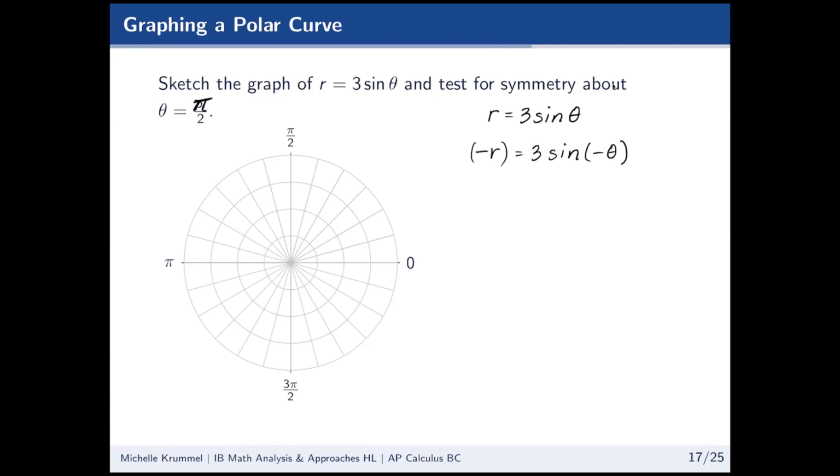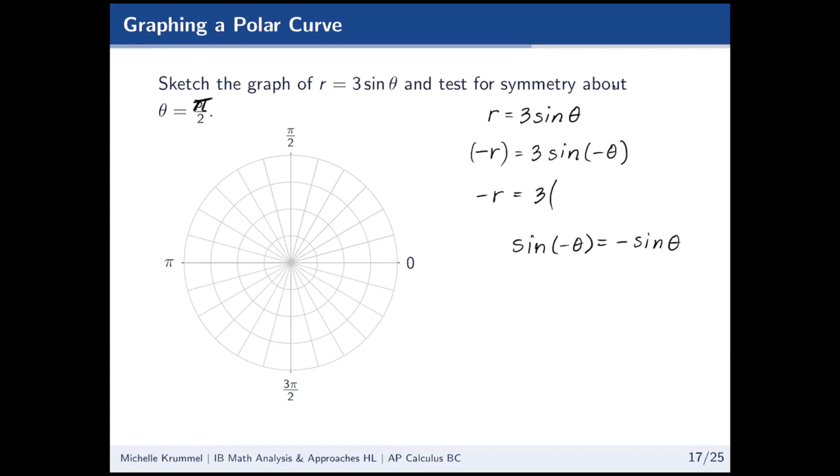Now, sine is an odd function. In the last example, we used the fact that cosine was an even function to simplify cosine of negative theta. Sine is an odd function, so we can use that odd property here. Negative r equals 3 times the sine of negative theta, and we know the sine of negative theta is equal to negative sine theta.